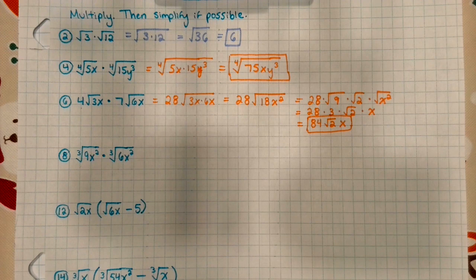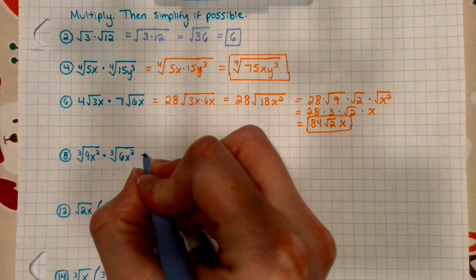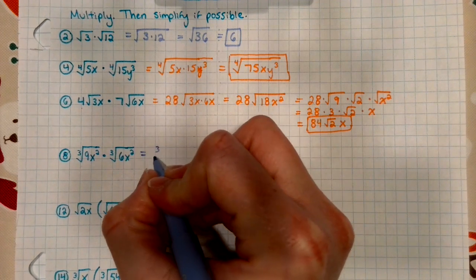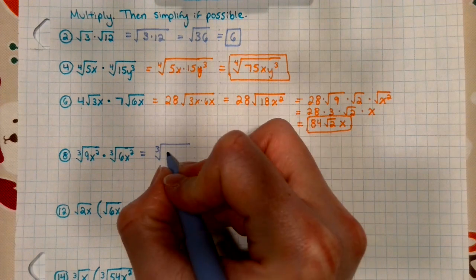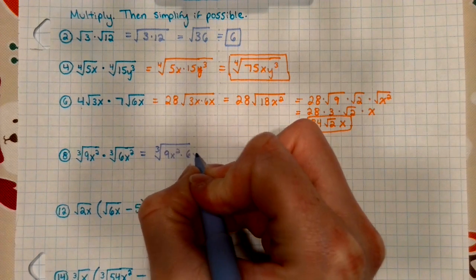Question number 8. Moving forward to this question, we have the cube root of 9x squared times the cube root of 6x squared. So again, using that product rule, we're going to have the cube root of this 9x squared times 6x squared.